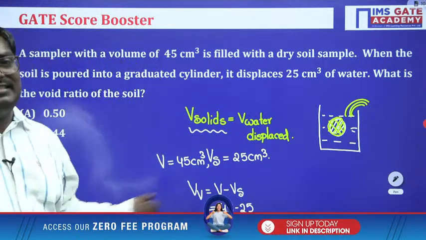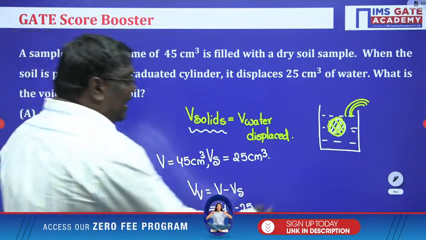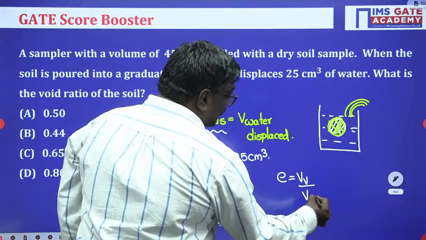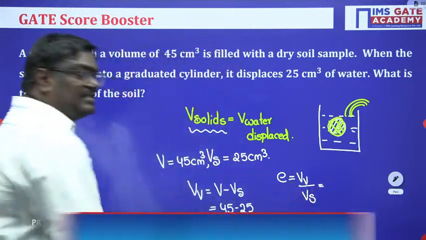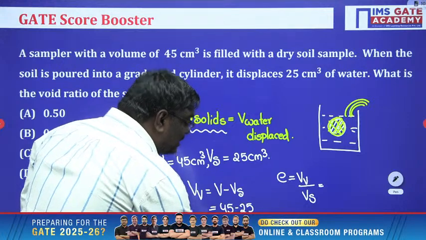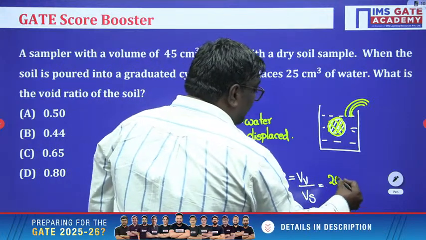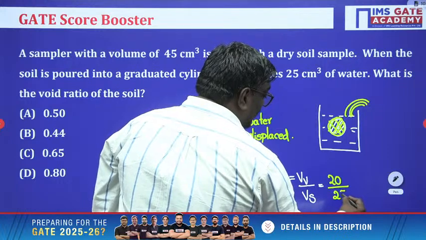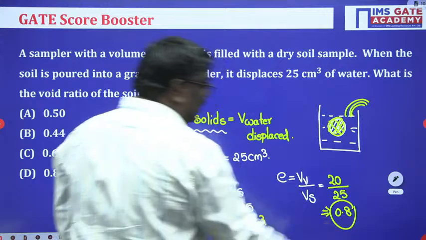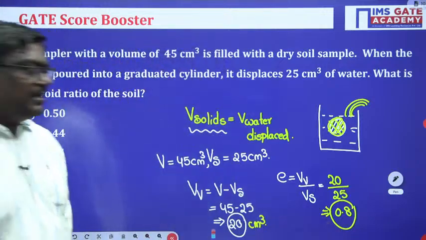So, volume of voids is 20 centimeter cube. Void ratio is nothing but volume of voids upon volume of solids. So, 20 divided by 25 is 4 by 5, which is equal to 0.8. Am I clear, my dear students?